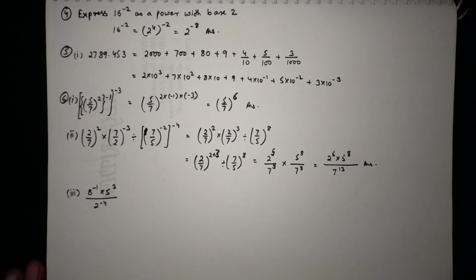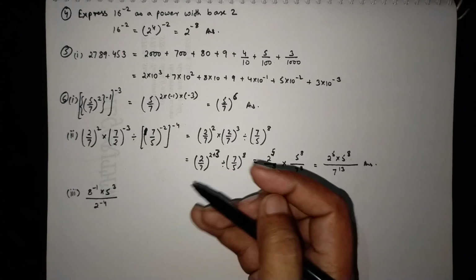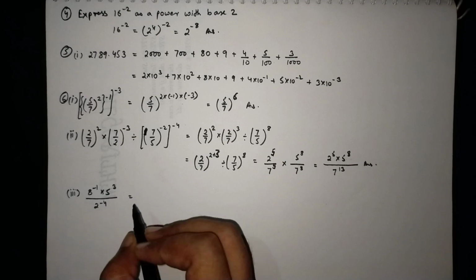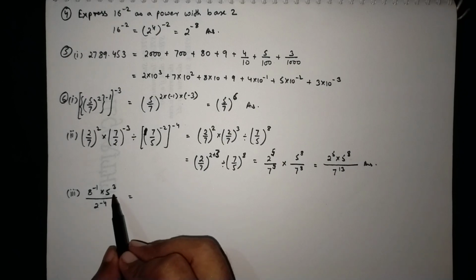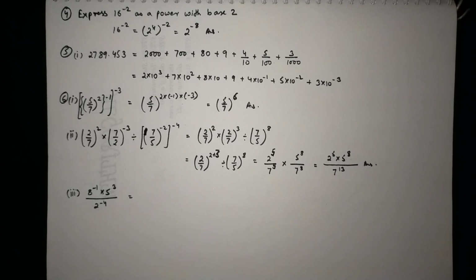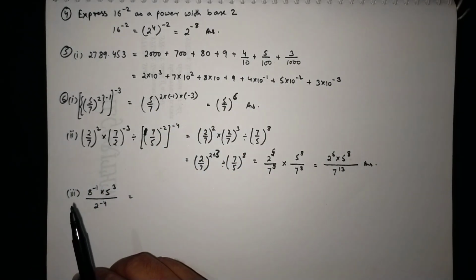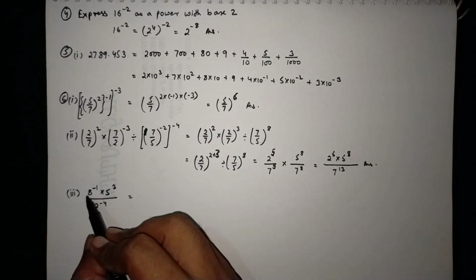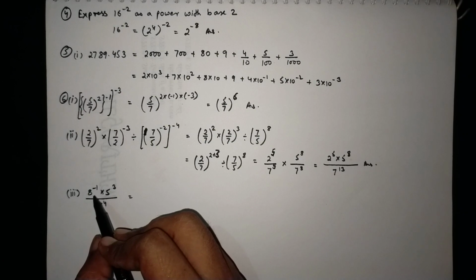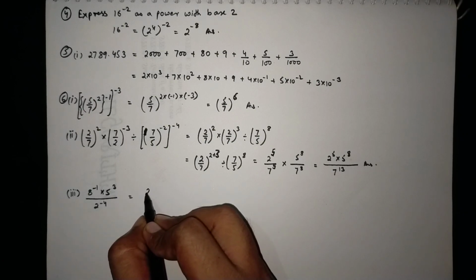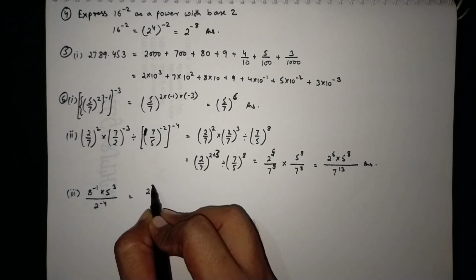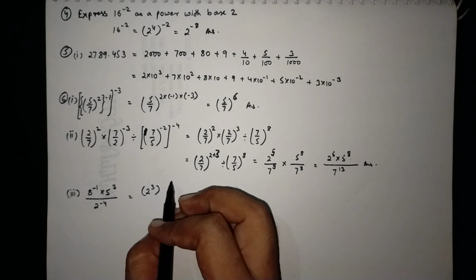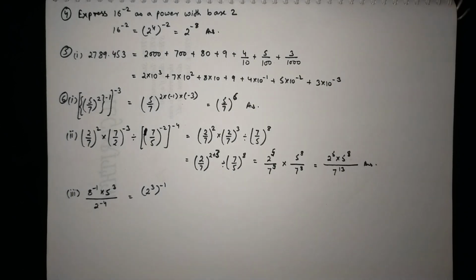Let's see one more part of this one, that is the third part, and here this is 8 to the power minus 1 into 5 to the power 3, and this one is 2 to the power 4. Now 8 to the power minus 1 can be written as 2 to the power 3 whole to the power minus 1.